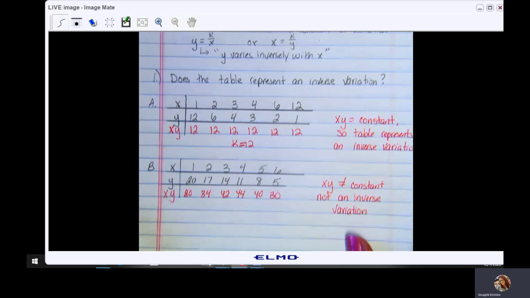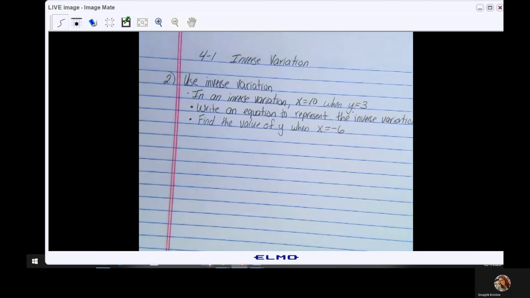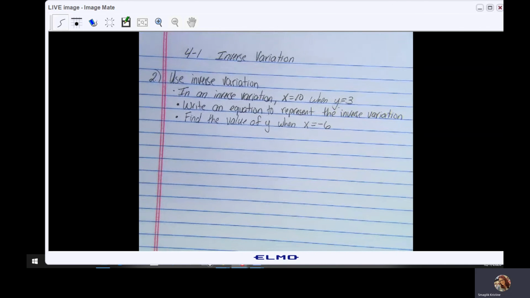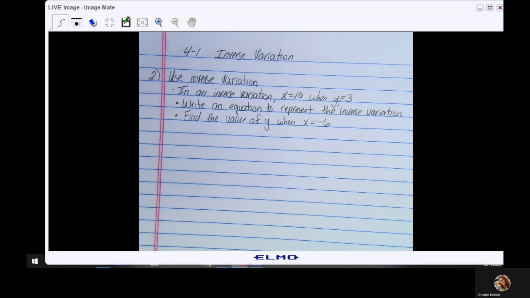Now let's apply inverse variation. So in an inverse variation, x equals 10 when y equals 3. And what we're going to do first is write an equation to represent the inverse variation. And then we're going to find the value of y when x equals -6.